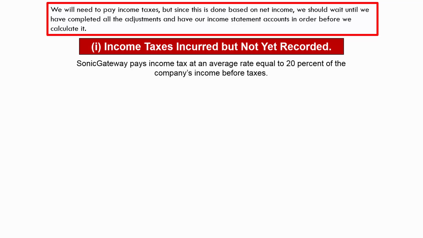Income taxes. Every time you have an income statement, you should show income taxes. Just like when we pay our income taxes, we pay our income taxes at a later date, but we technically will owe for those income taxes after the end of that time period. Here, Sonic Gate pays income taxes based on 20% of the company's income.